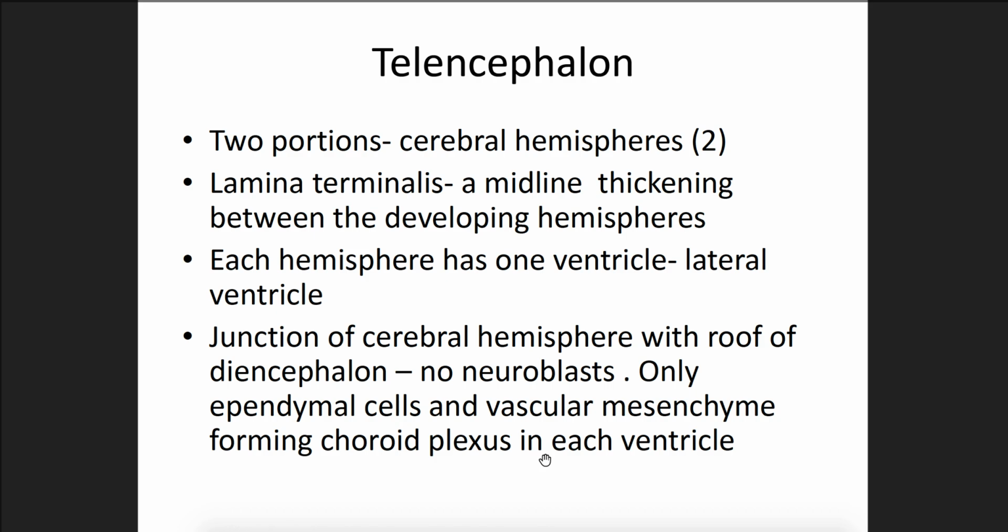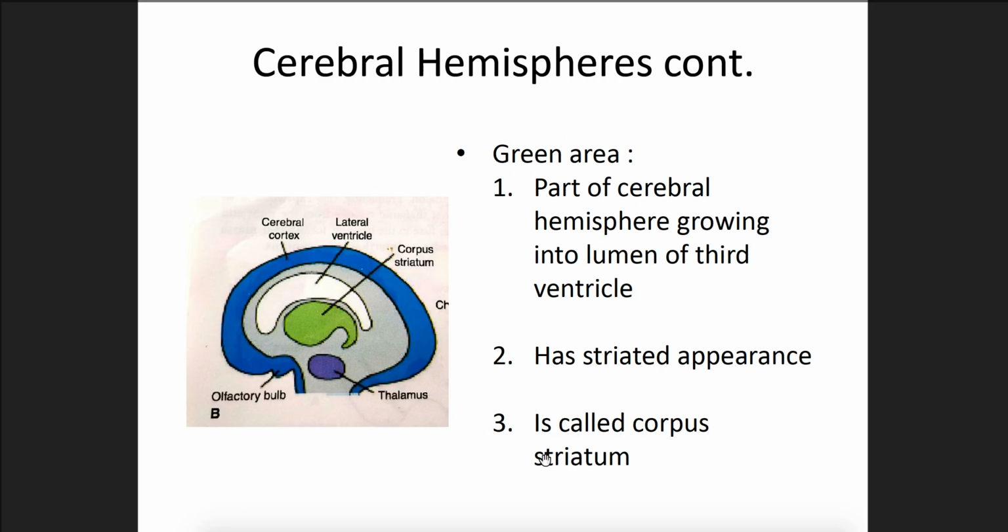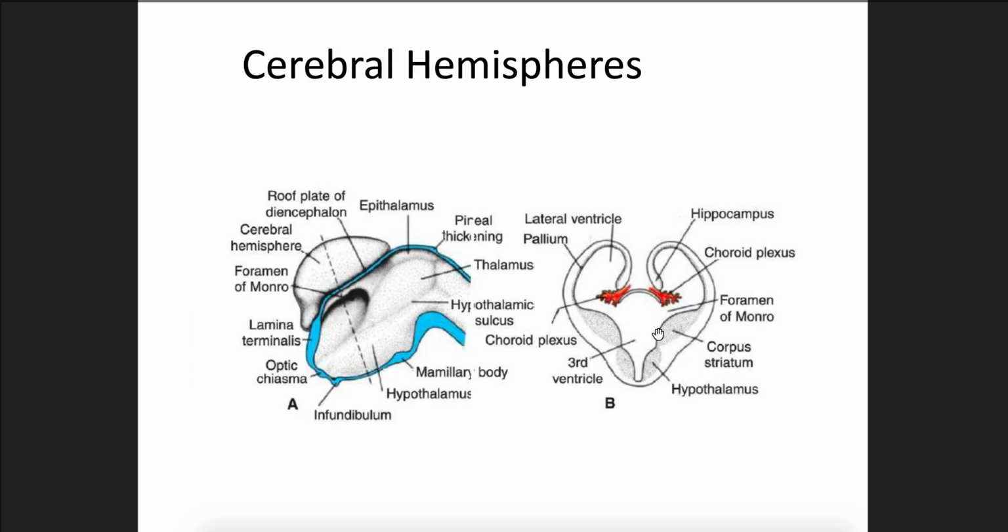The junction of the cerebral hemisphere with the roof of the diencephalon does not have neuroblasts. Only ependymal cells and vascular mesenchyme, which will form the choroid plexus of each ventricle. And which ventricle are we talking about? We are talking about the lateral ventricle. The third ventricle is the ventricle of the diencephalon, as you can see here. This is the ventricle of the diencephalon, the third ventricle.